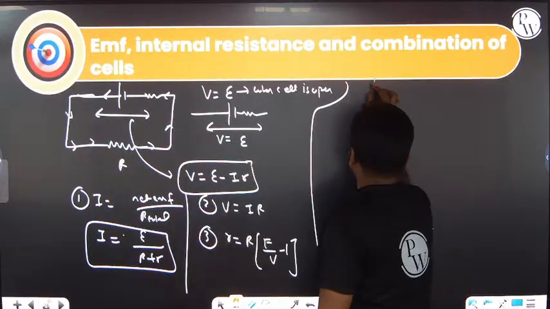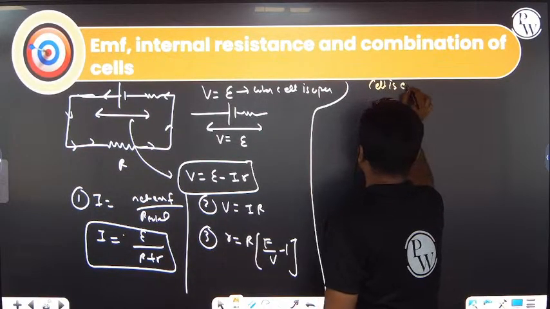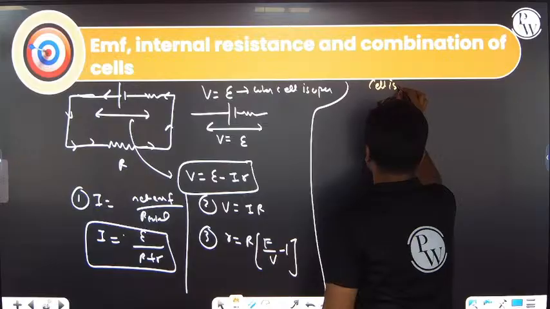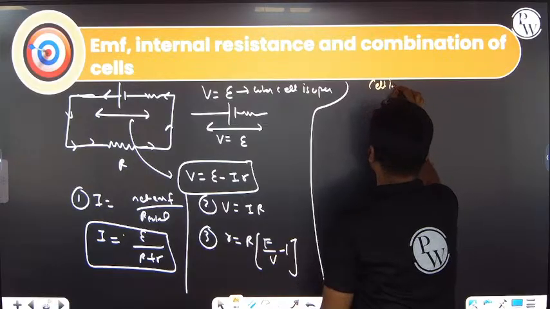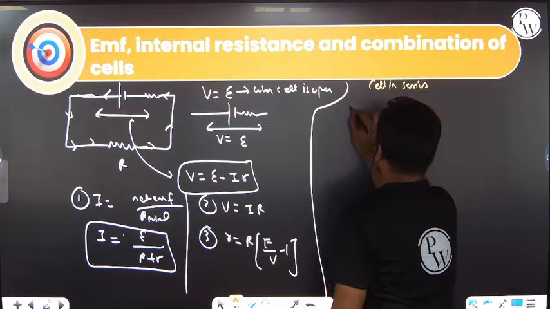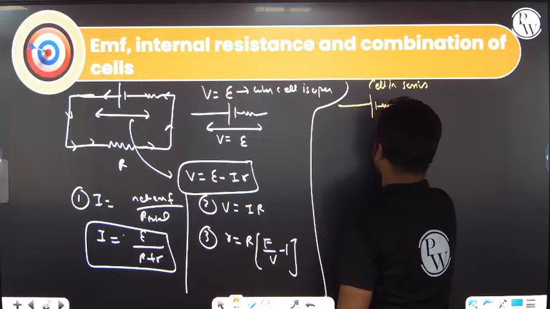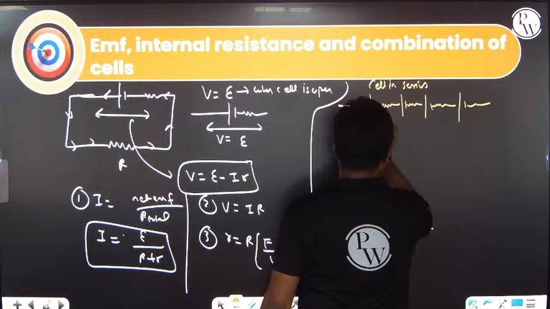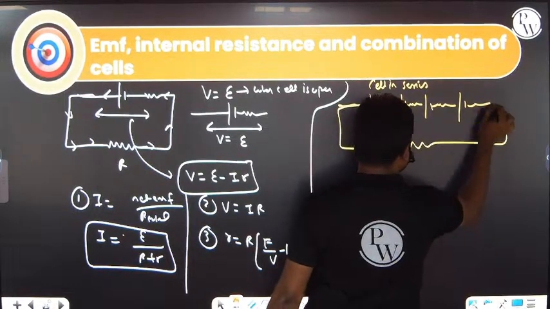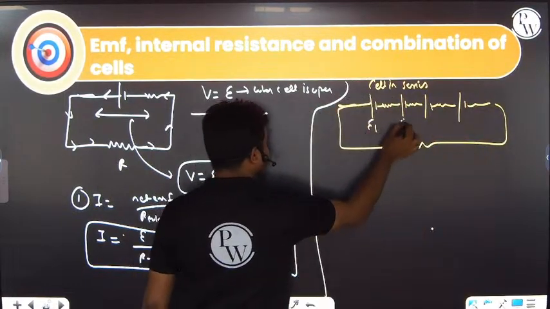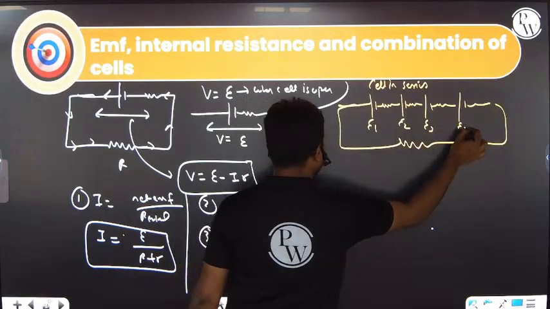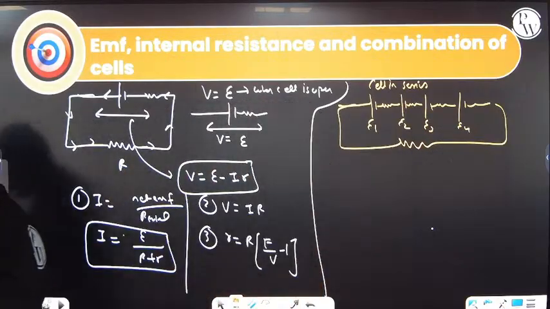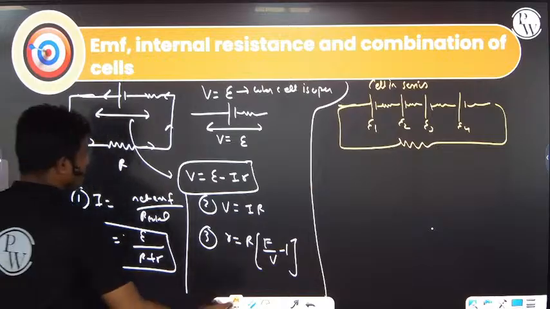Suppose the battery cells are connected in series combination. Remember this, cells in series: positive, negative, positive, negative, connected like this. This one has E1, E2, E3, and this will be E4. So what is the net equivalent?